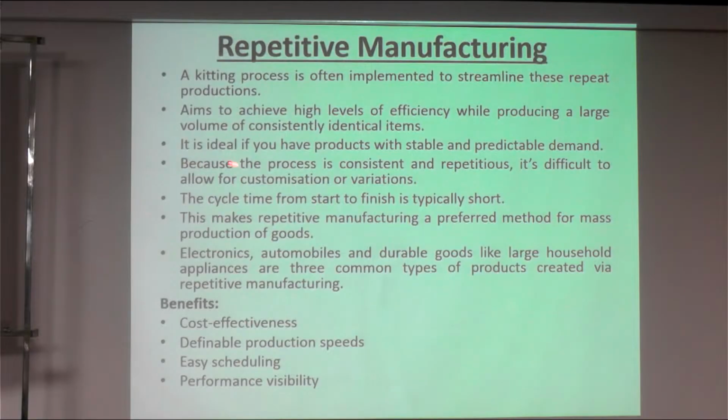It is ideal if you have products with stable and predictable demand, and the cycle time from start to finish is typically short. This makes repetitive manufacturing a preferred method for mass production of goods. Electronics, automobiles, and durable goods like large household appliances are three common types of products created via repetitive manufacturing, like your TV, fridge, refrigerators, all these.